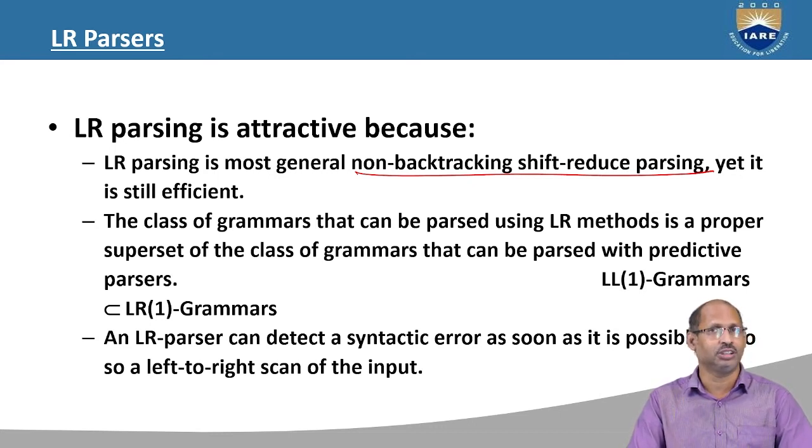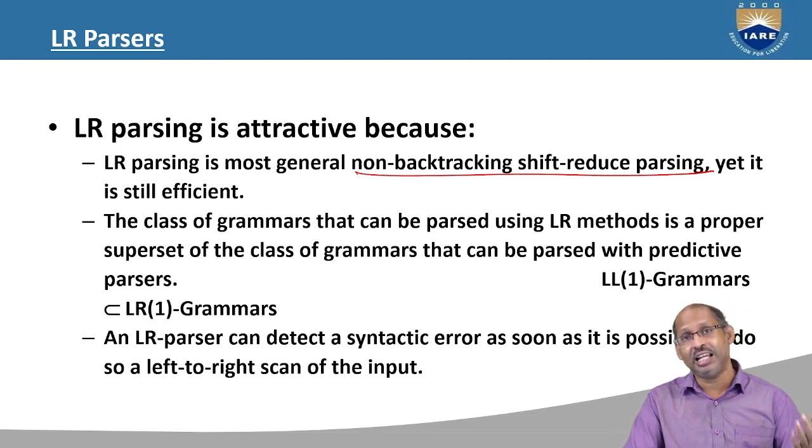So LR parsing is the most general non-backtracking shift-reduce parsing. The class of grammars that can be parsed using LR methods is a proper superset of the class of grammars that can be parsed with predictive parsers. The predictive parser LL1 grammars are a subset of LR grammars, so LR grammars accept more.